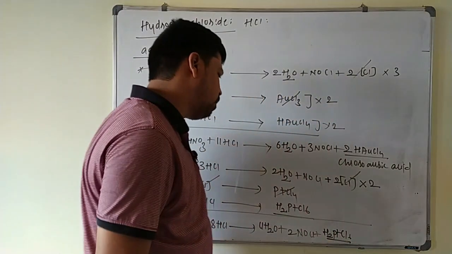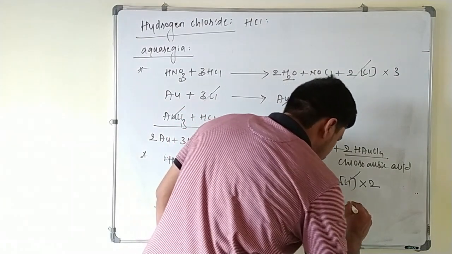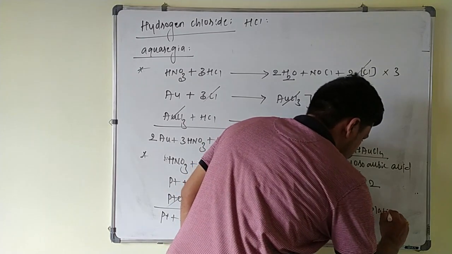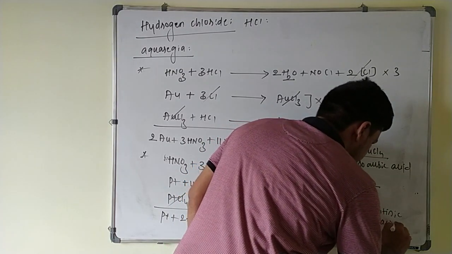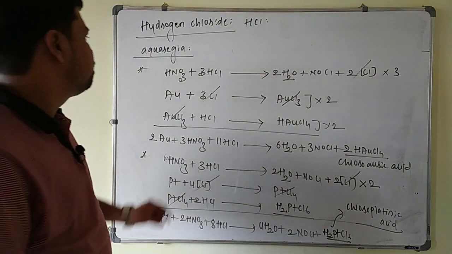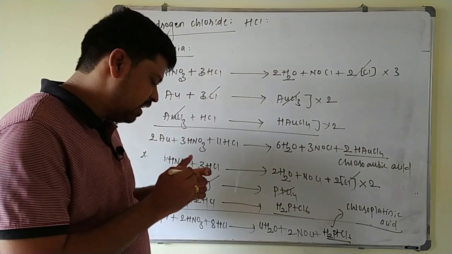So this is chloroplatinic acid. This is the reaction of gold and platinum with aqua regia.